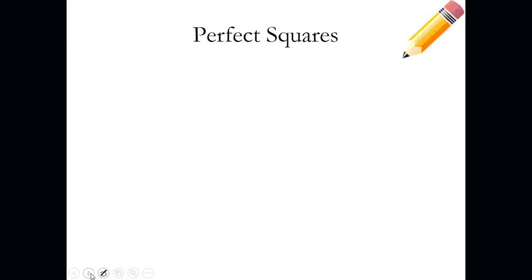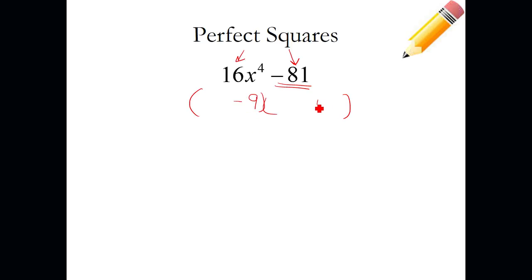So now let's look at one more type of factoring we talked about, and that's perfect squares. Understanding that you can look at things with 2 terms, and if those numbers are perfect squares, we can go straight from the problem into the parentheses. So I see 16 and I see 81 and I see those are perfect square numbers. So I ask myself, what 2 numbers multiply to make negative 81? One would be a negative 9, the other would be a positive 9.